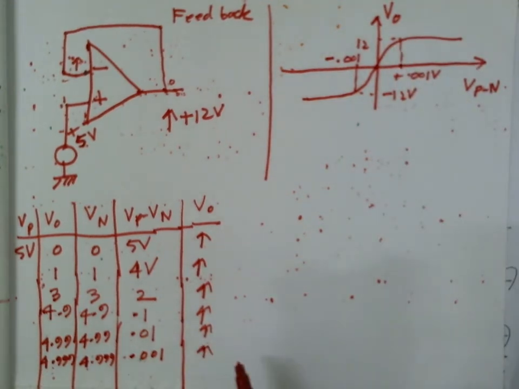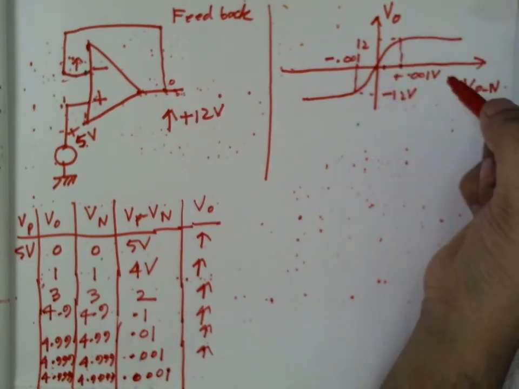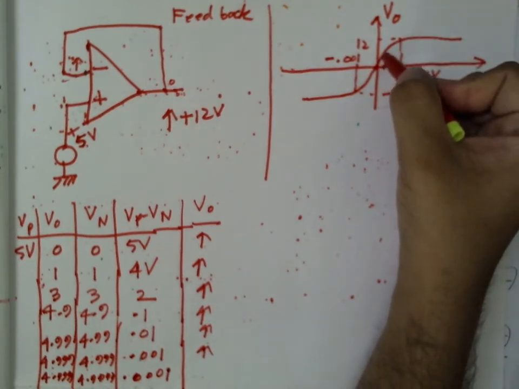So let me increase it further, and maybe for 4.99995, then this gap is 0.00001. Then that point will be here, and I have to check what is the value here.